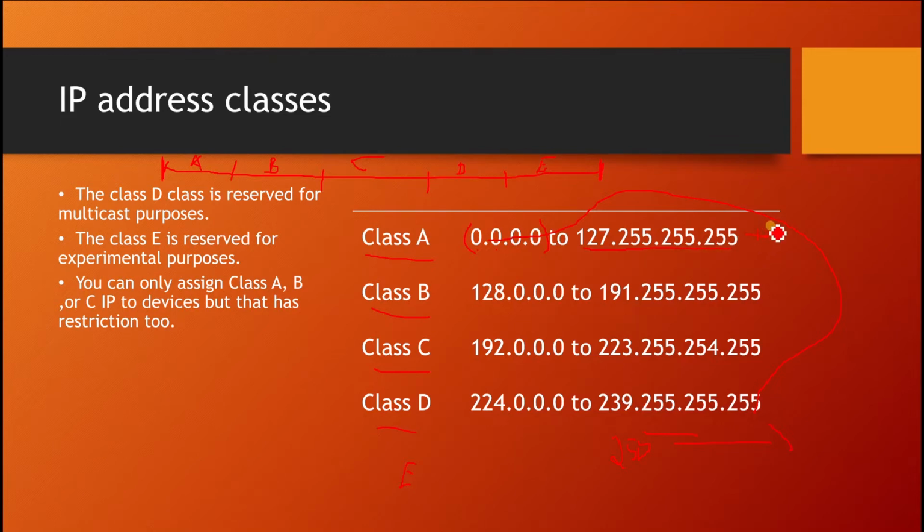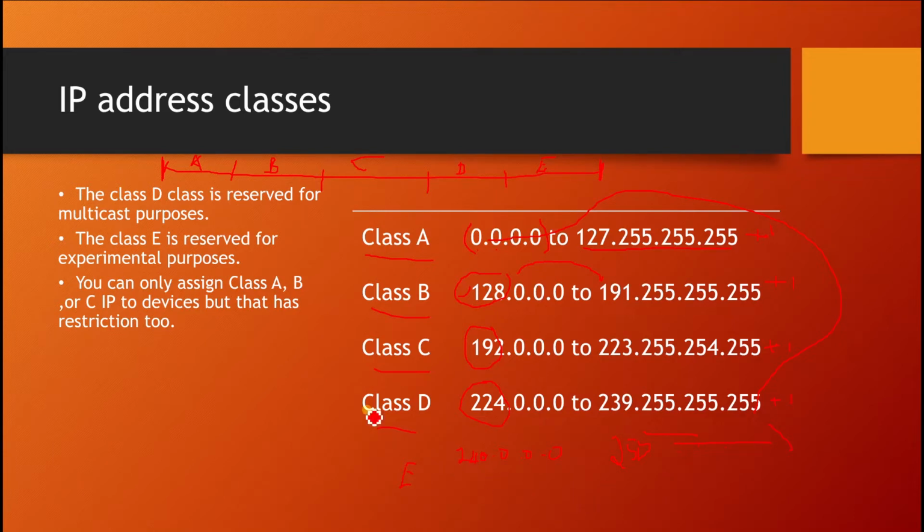If you add 1 to this, class B starts. It starts from 128 and goes up to 191.255.255.255. Add 1 to this, and class C starts from 192. It goes up to 223. Add 1 to this, class D starts at 224. Here again, add 1 to this, the next group starts from 240, right? So class E starts from 240.0.0.0 and goes up to 255.255.255.255. So the entire IP space is divided into 5 classes.